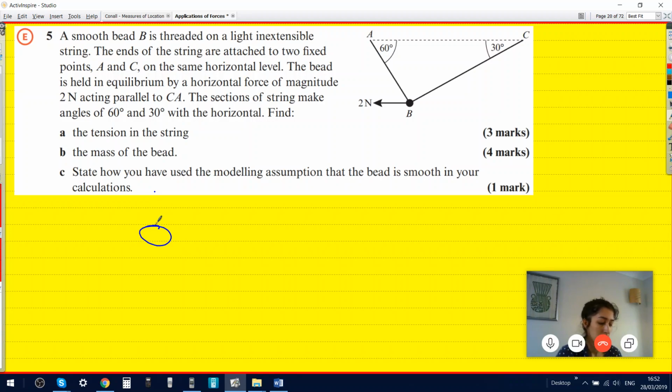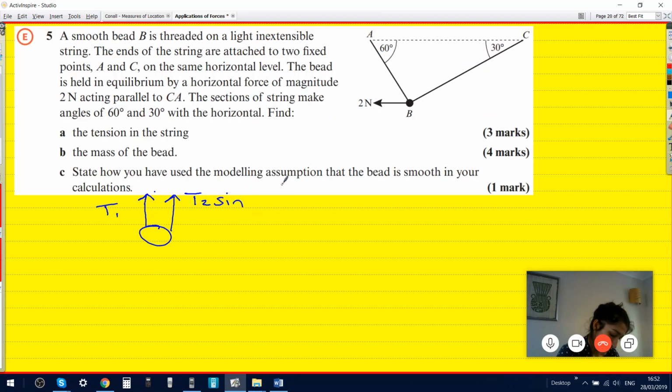And this is like the one we did a second ago, but I still don't know how to do that. So we have tension going up, and tension going that way up as well. Right.